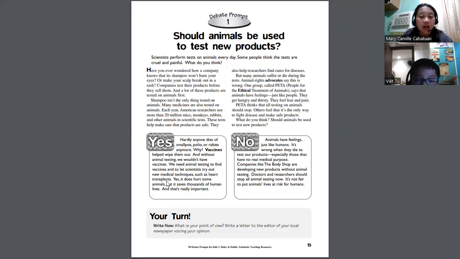So, in this opposing side, which opposed that animals should test new products, it says here that animals do need to undergo animal testing so that scientists would know what they feel, what hurts them, right, Viet?